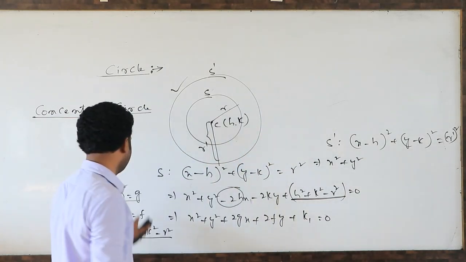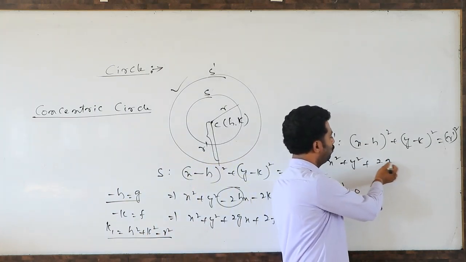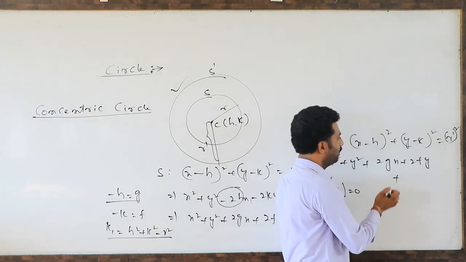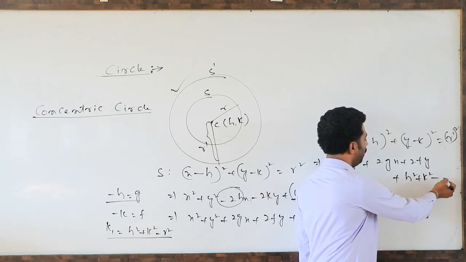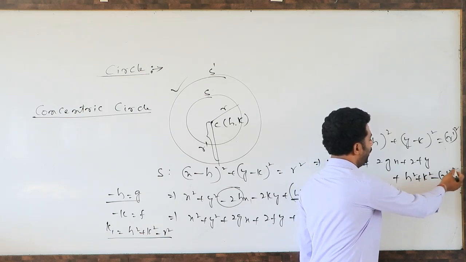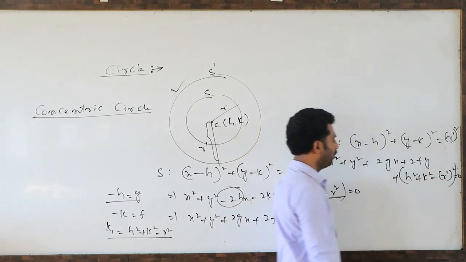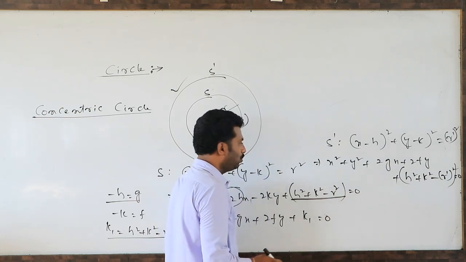Minus h value g, if we are assuming, means what will we get? That is 2gx, 2fy, plus, finally what will we get here? h square plus k square minus r dash whole square equal to 0. This is the whole term we are taking. This is k2 I am taking.